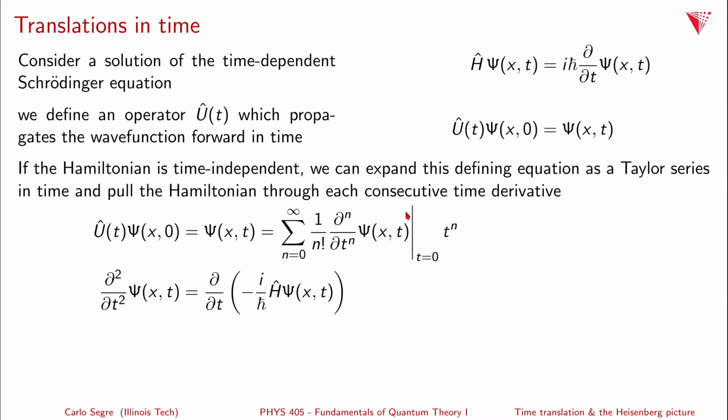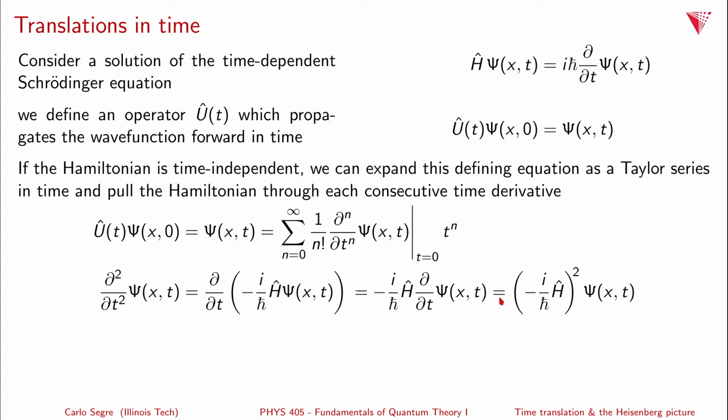And so we can replace that with minus i over h bar, Hamiltonian H applied to psi of x and t. If we now pull the time derivative through the Hamiltonian, again we get minus i over h bar, H times partial with respect to t of psi of x and t. Again, we can take this from the Schrodinger equation, replace it with minus i over h bar times the Hamiltonian.